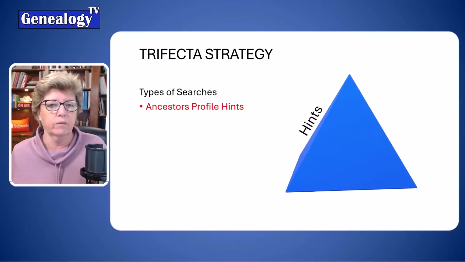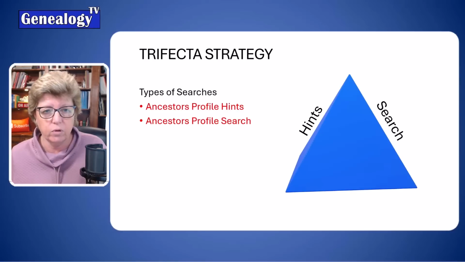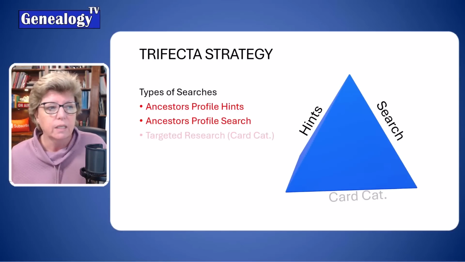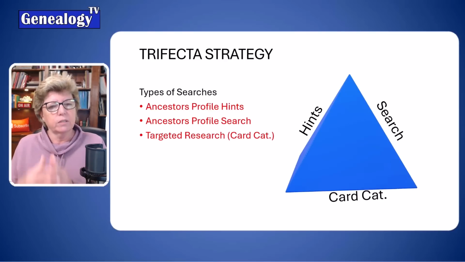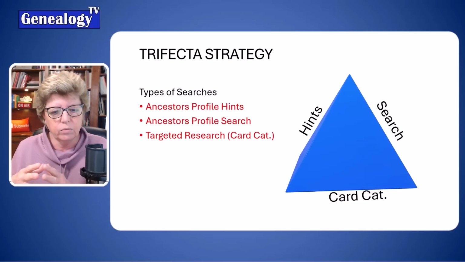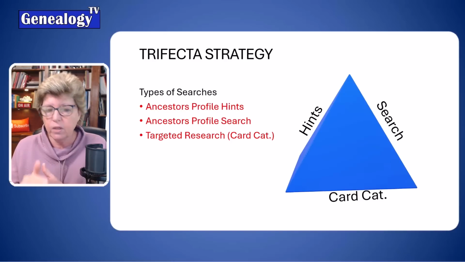The other component of the trifecta strategy are the types of searches. So of course you're going to chase those hints first. Then you're going to do a search from the profile of your ancestor on all 3 platforms, if that's possible. And doing targeted research. By that, I mean going to the card catalog or going to maybe the research wiki or going to some of the special functions in FamilySearch and doing some specific research.